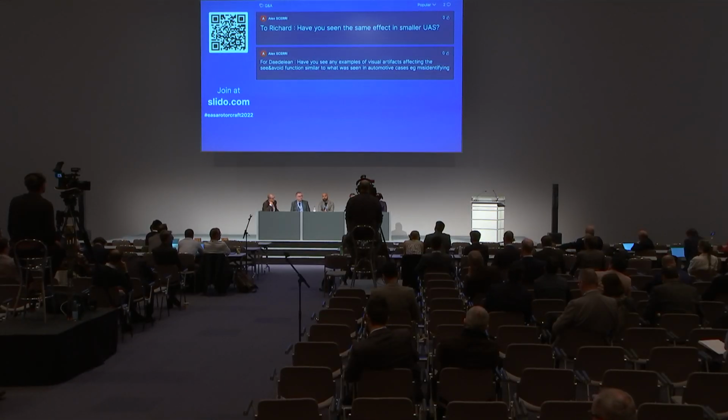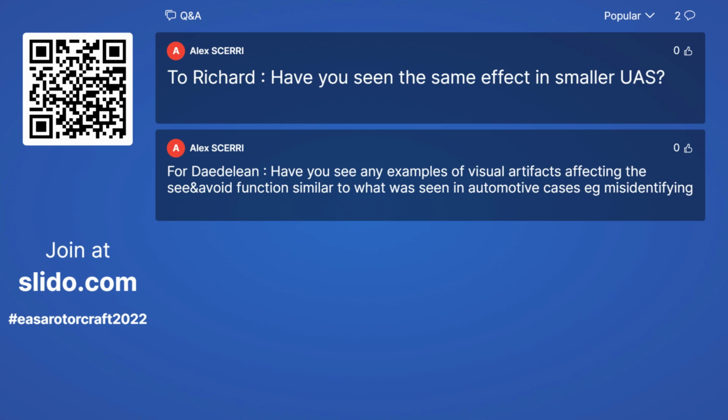Thanks. We can maybe take one of the questions on Slido because it's related to the same subject for you. Have you seen any example of visual artifacts affecting the see and avoid function similar to what was seen in automotive cases, such as misidentifying? That's a good question. I think not so many.